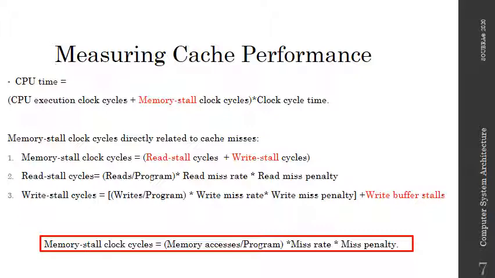Usually, in order to make our life easier, and this is a general approach, if you have it in your exam or on your quiz and we don't specify that, you can consider that the number of reads is usually higher than the number of writes when it comes to the memory.